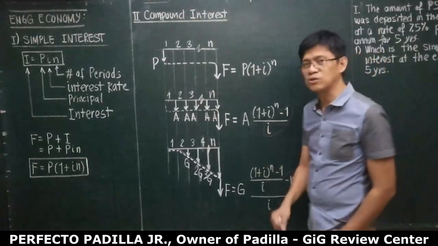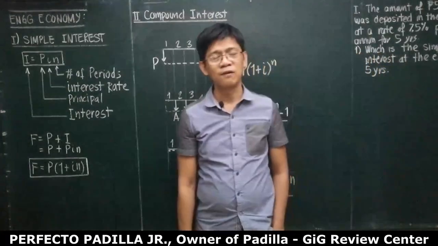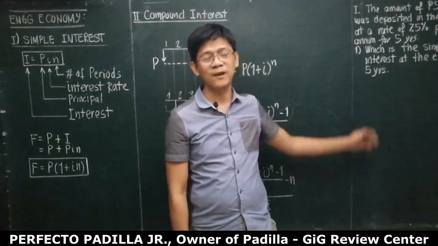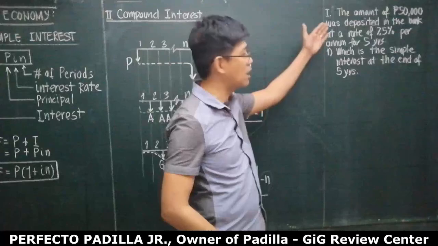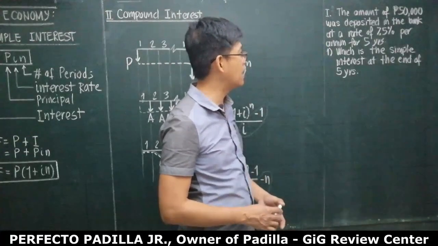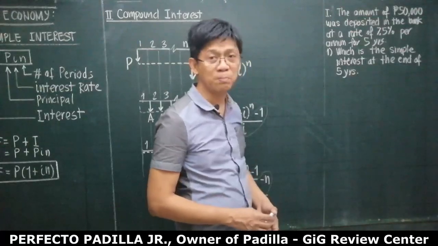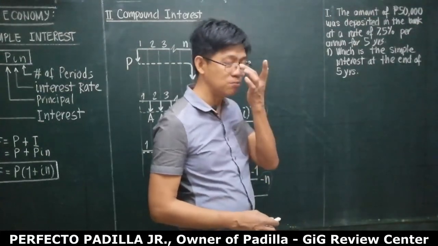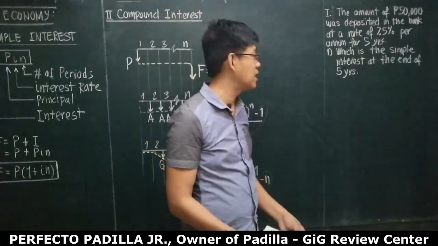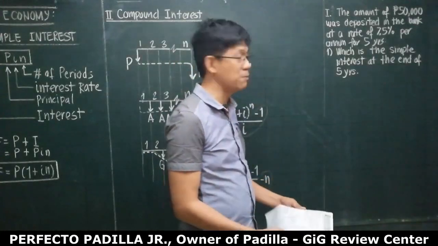So, let us try to solve yung ating first situation, first problem. Ito yan. Okay? Ang sabi sa atin dito, the amount of 50,000 was deposited in the bank at a rate of 7.5% per annum for 5 years, find the simple interest at the end of 5 years.